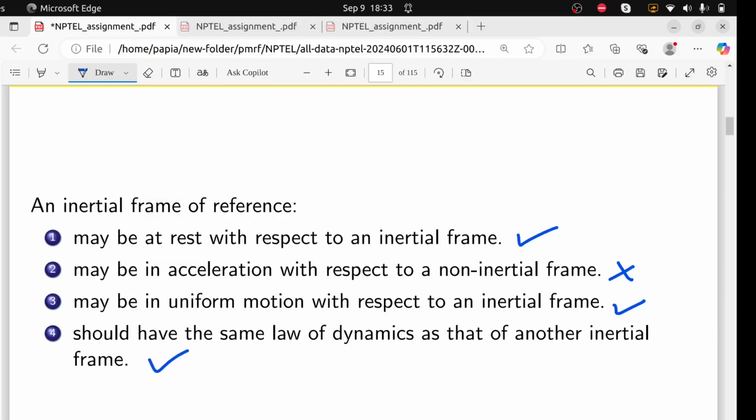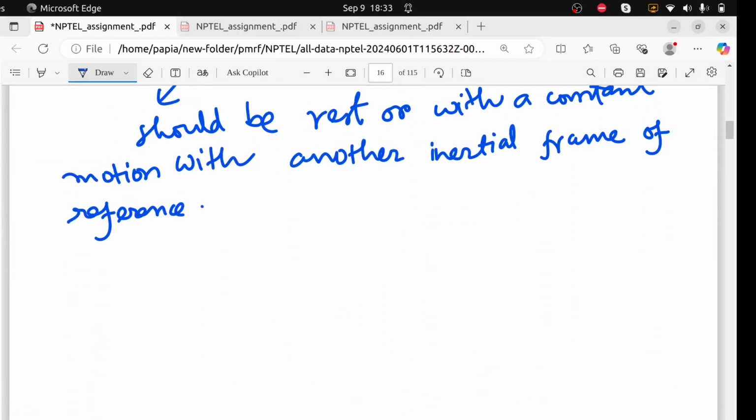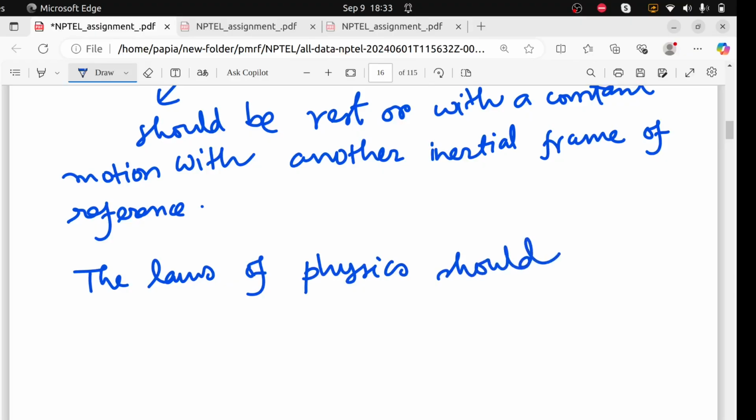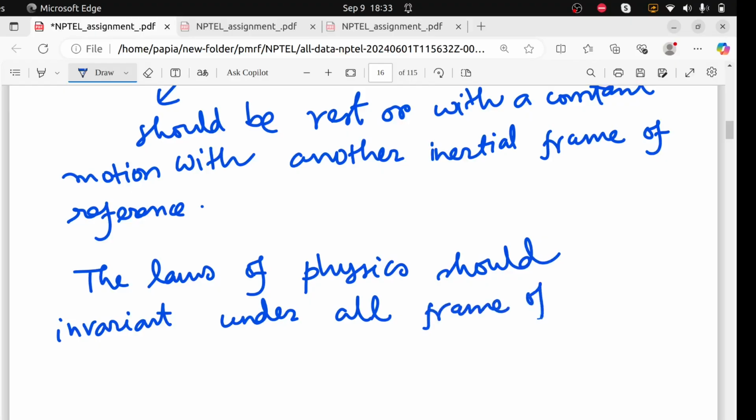Yes, that is also correct, because obviously the laws of physics should be invariant under all frames of reference. Okay, so that is the thing.